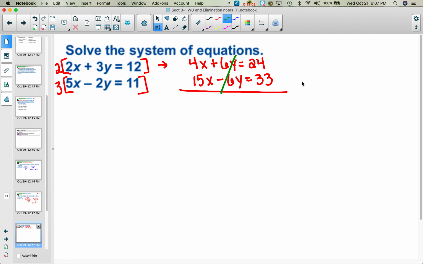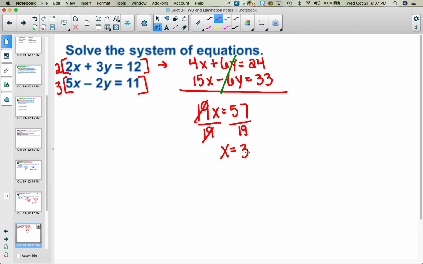So when I add these two equations together and I add all the like parts, the y's drop out and I get 19x equals 57. If you divide by 19, we get x equals, these are nice numbers, 3.